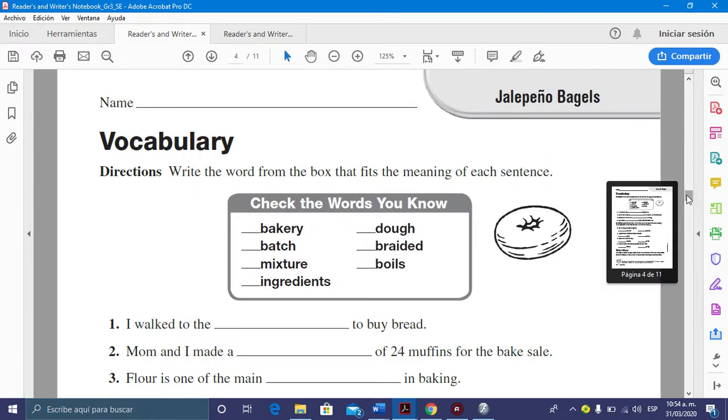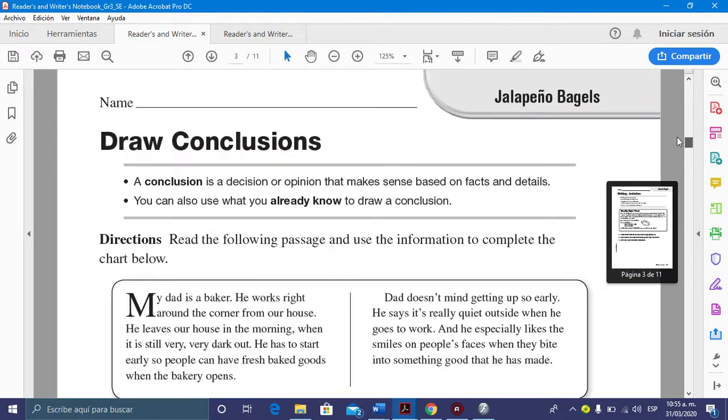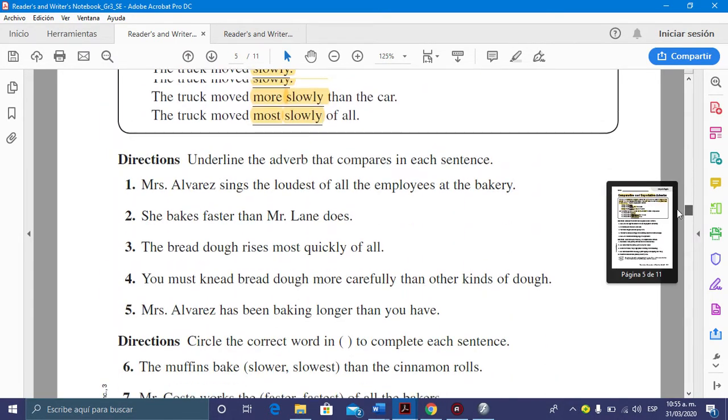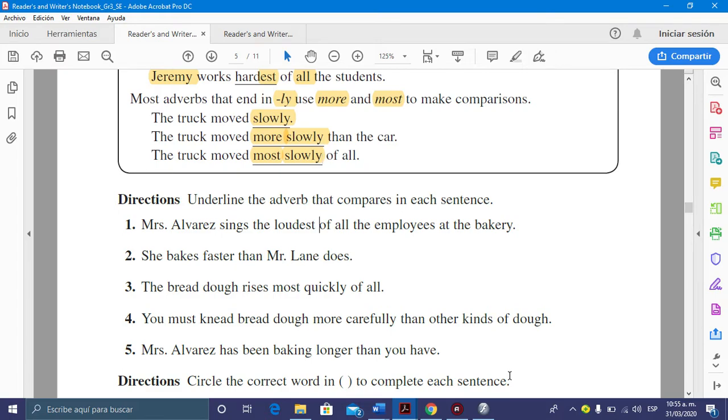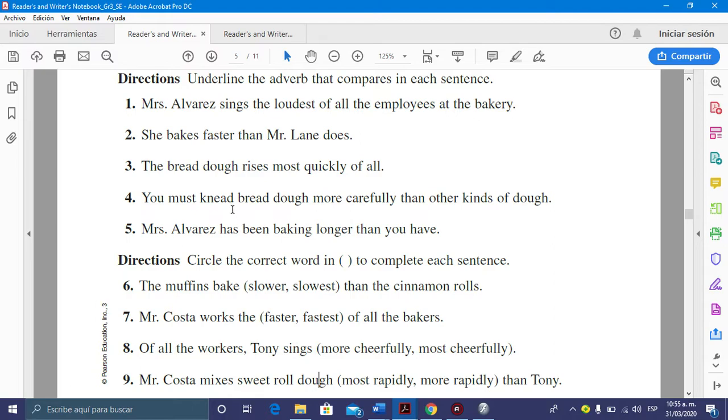Now let's look here. Directions: underline the adverb that compares in each sentence. You have to identify the adverb in comparative or superlative.